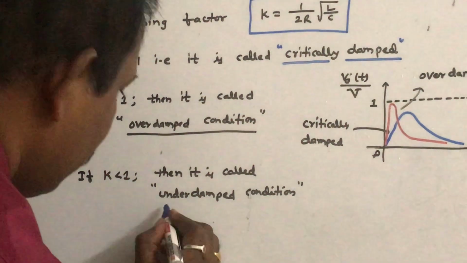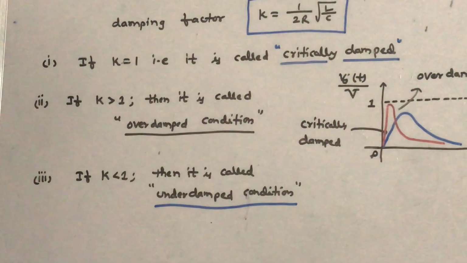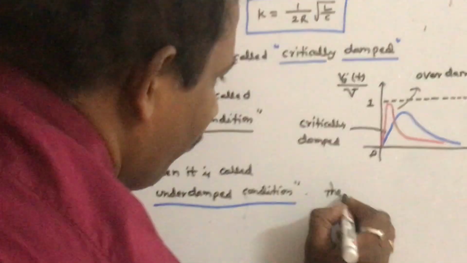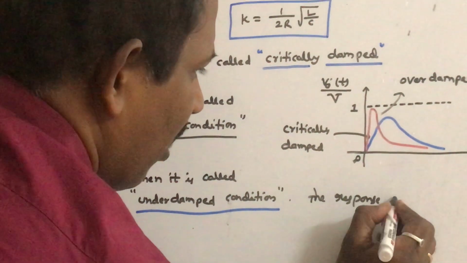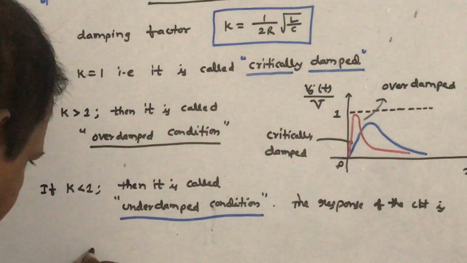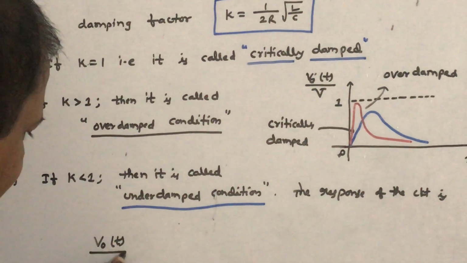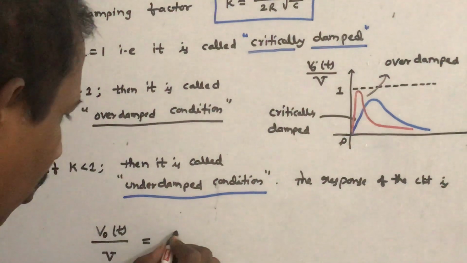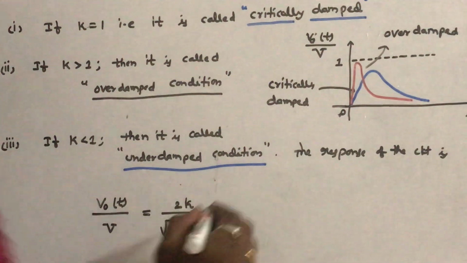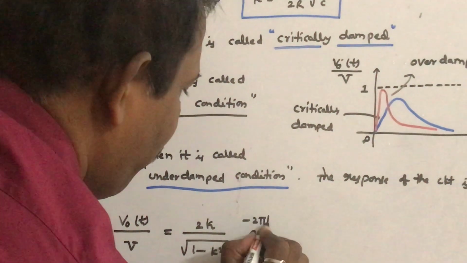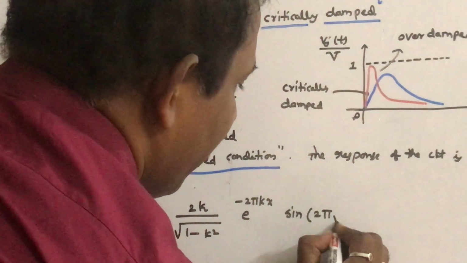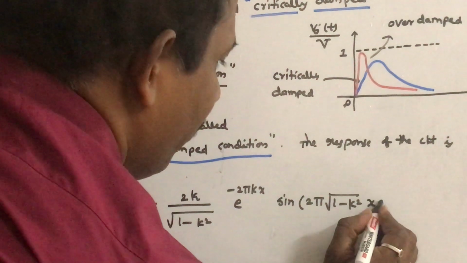We have derived the under-damped response equation. The response of the circuit is given by, and I am writing this equation, V0 of t by V is equal to 2k by square root of 1 minus k square into e power minus 2 pi kx into sine of 2 pi into square root of 1 minus k square into x.